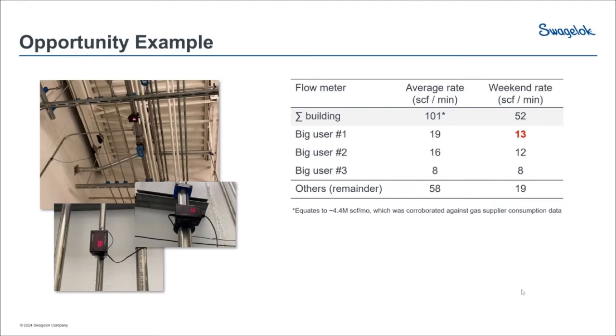And at about a cent per standard cubic foot on nitrogen, at 52 standard cubic feet per minute, 24 hours a day, 365 days a year, that's over $275,000 in annual nitrogen that's unaccounted for.